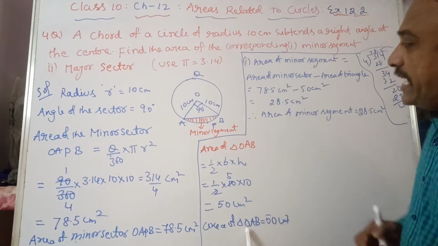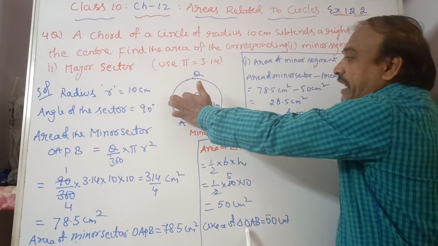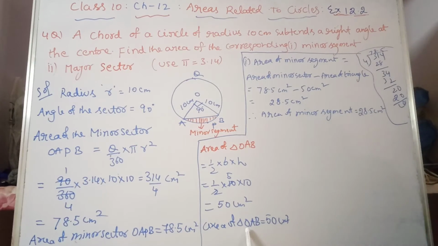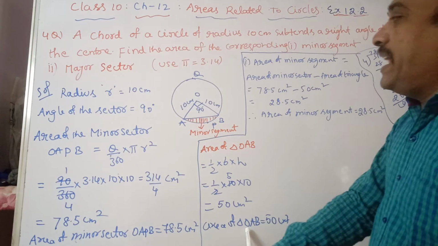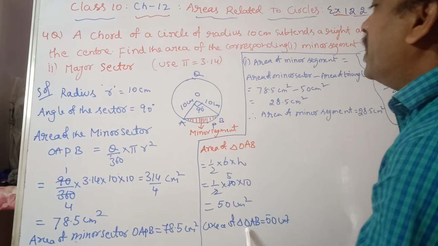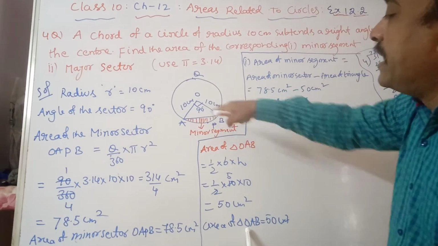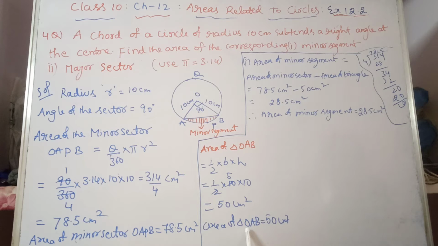Look at this, area of the circle, this full portion, minus area of the small minor sector OAPB.